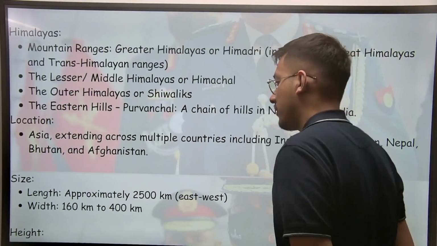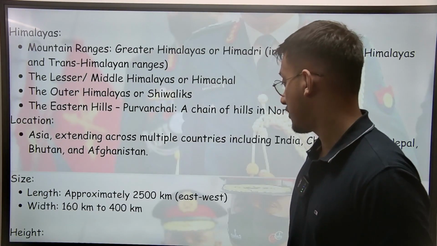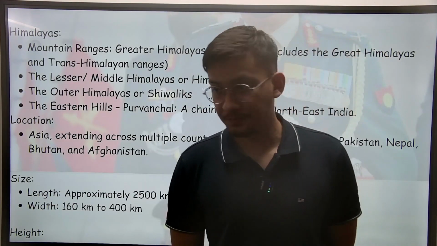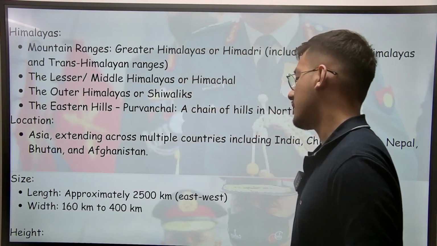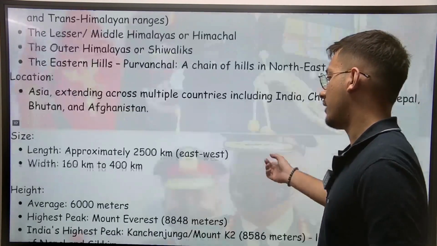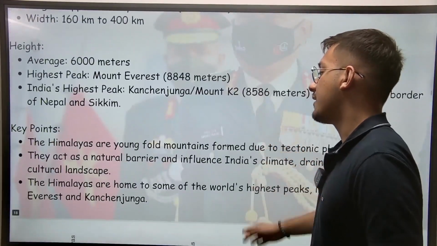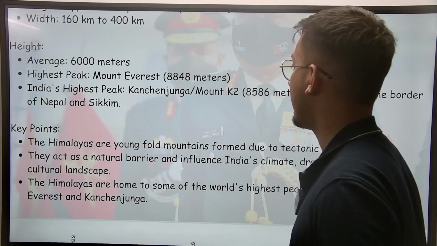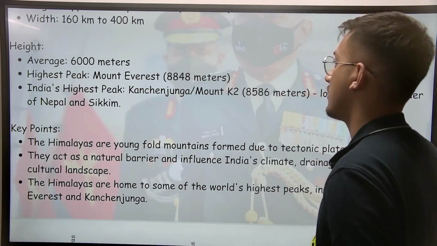Size: the length is approximately 2500 kilometers from east to west, right? And width is 160 kilometers to 400 kilometers. Height: average 6000 meters. Highest peak is Mount Everest at 8848 meters.